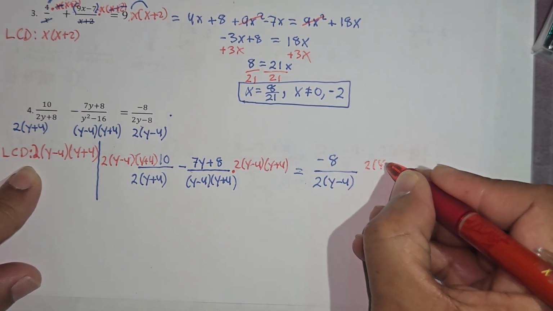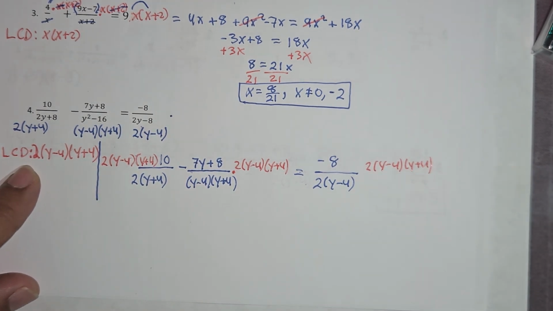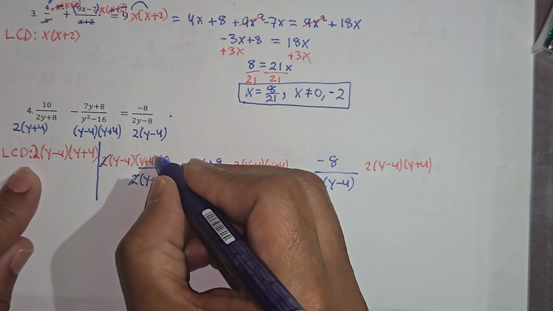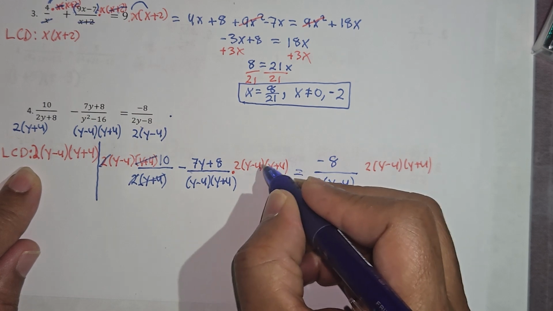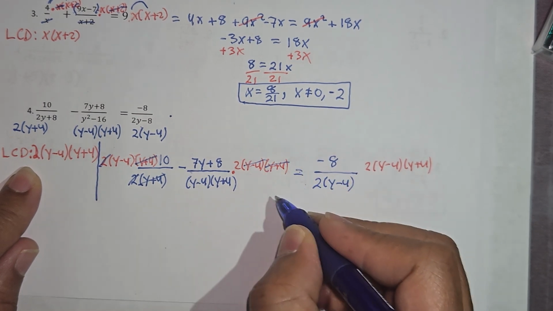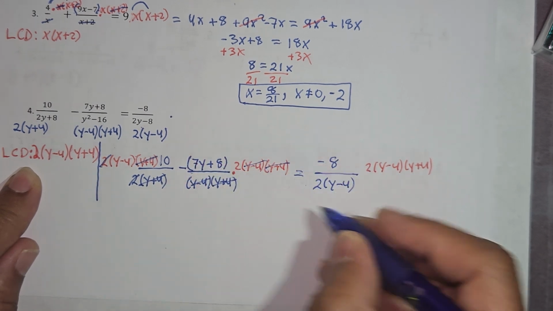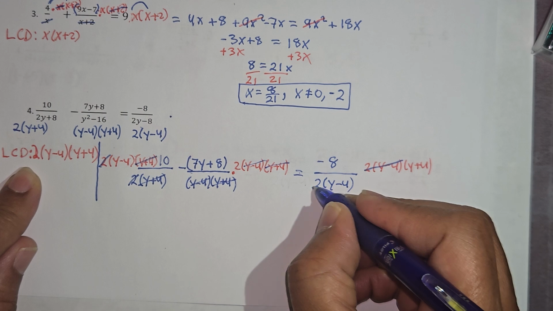But before you multiply, start simplifying. So this 2 and that 2 reduce, and then this y plus 4 and this y plus 4 reduce. For this one, we can cross out y plus 4 and y minus 4, so we're just multiplying by 2. And for this one, we can cross out the 2 and the y minus 4.